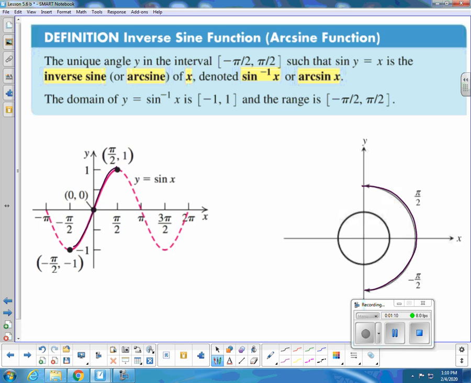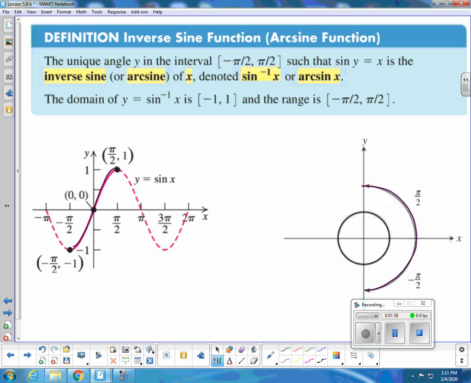When you see sine inverse, the only answers you can get are negative pi over 2 to positive pi over 2, or negative 90 to positive 90 if you're in degrees. The domain is negative 1 to 1. You can't do the sine inverse of 2.6, for instance, because there's no angle that has a sine value of 2.6. Sine values do not get higher than 1, and they're not lower than negative 1.